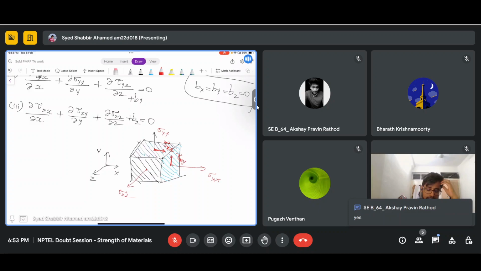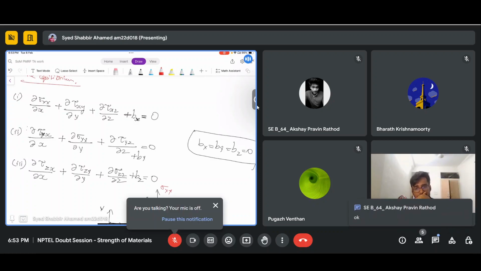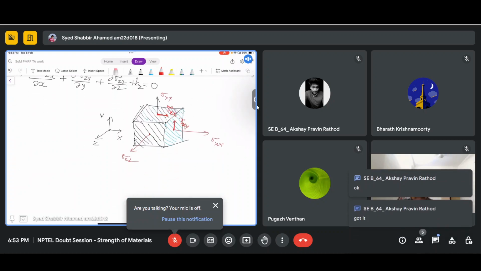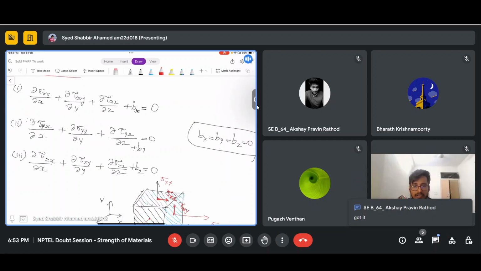This thing becomes equal, which we will see: tau xy will be equal to tau yx. That's why people sometimes interchange tau xy and tau yx. It doesn't matter because both are equal. But here we have to be specific while writing the equations because this is important for this problem.